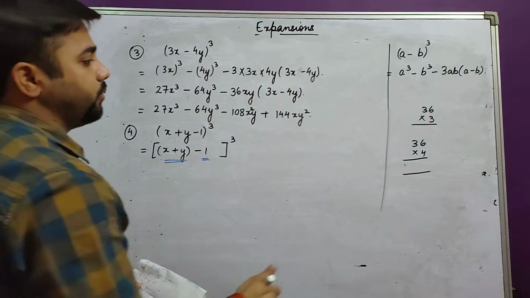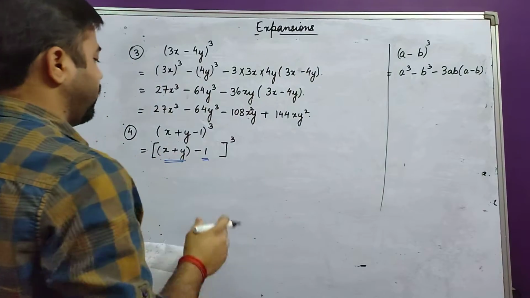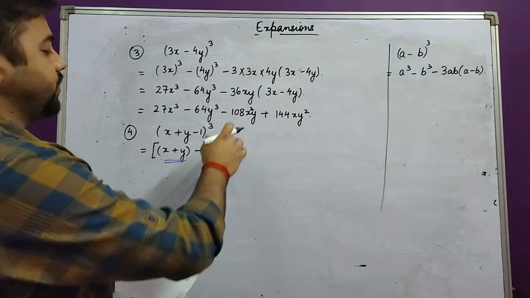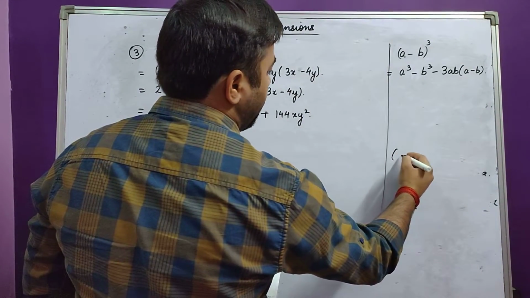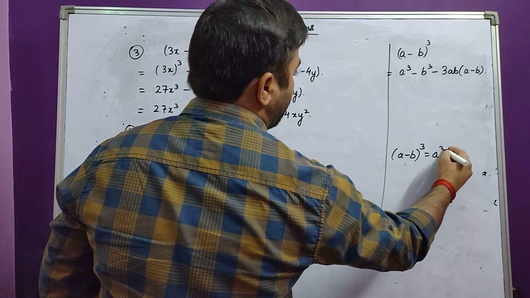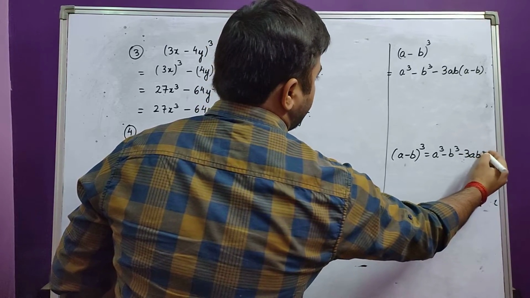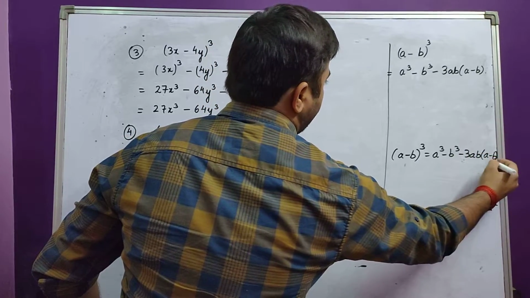Which formula are we going to use over here? We are going to use the formula where we have two terms and a cube sign, that is (a minus b) whole cube. It comes out to be a cube minus b cube minus 3ab within the bracket (a minus b).